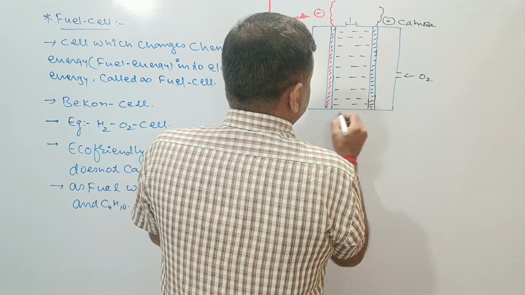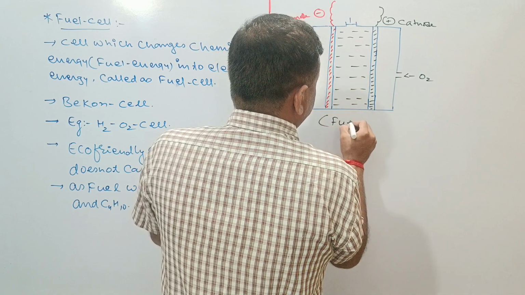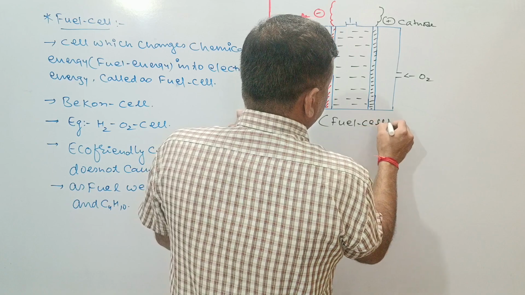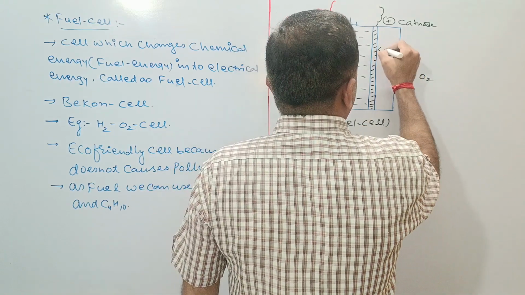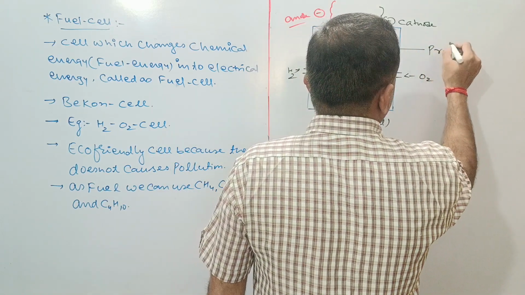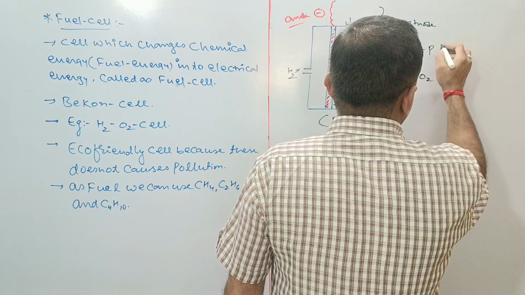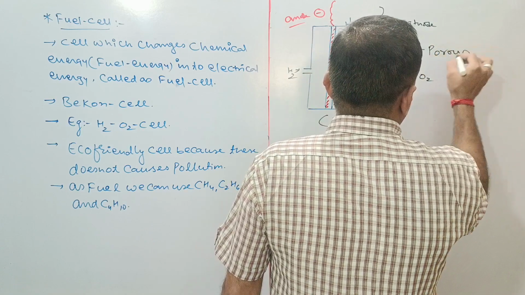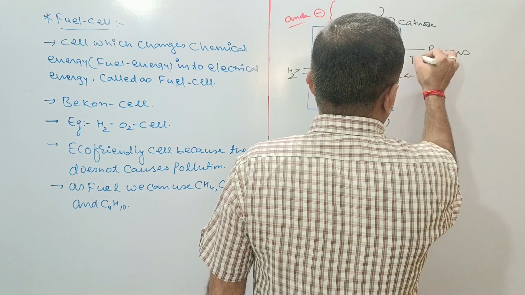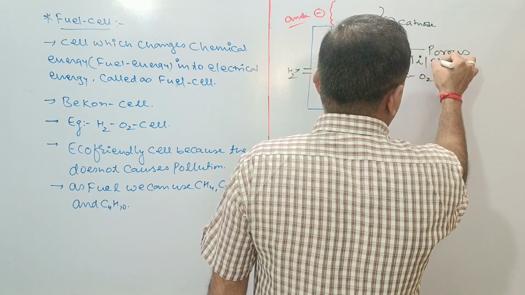This is the diagram of the fuel cell. These are the porous titanium or platinum electrodes.